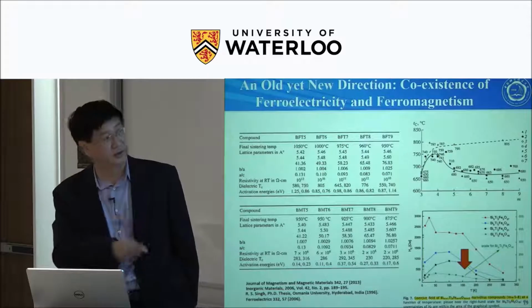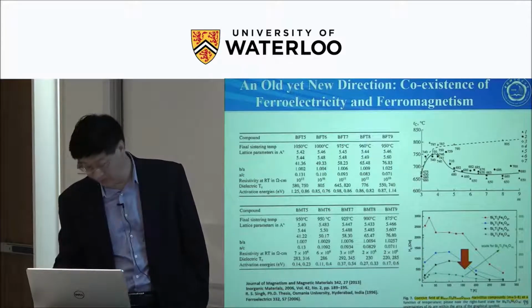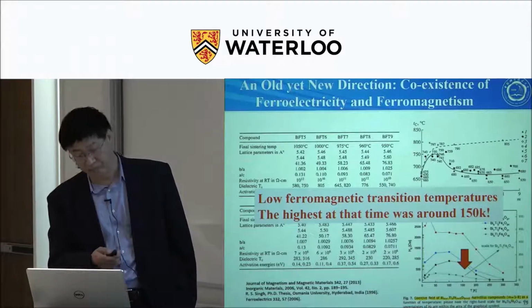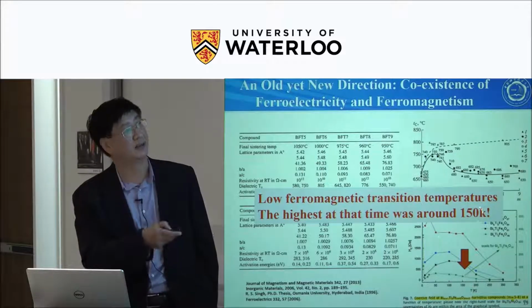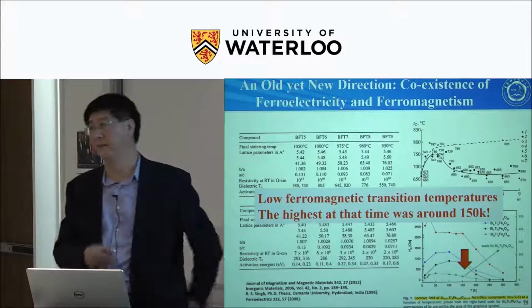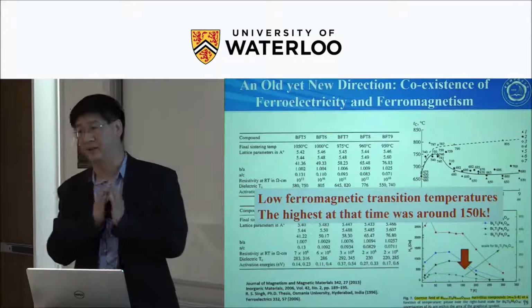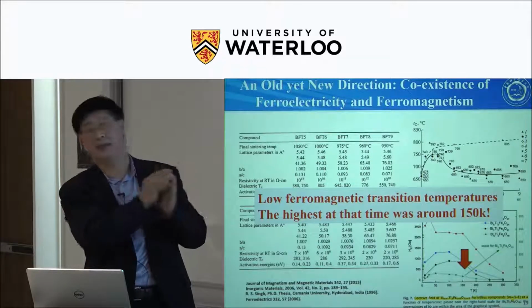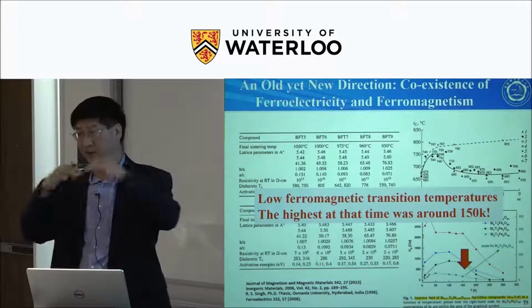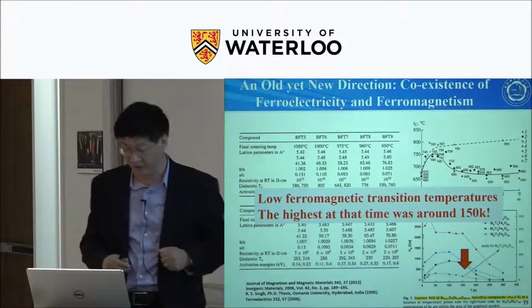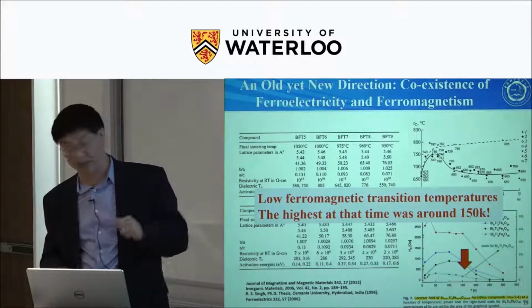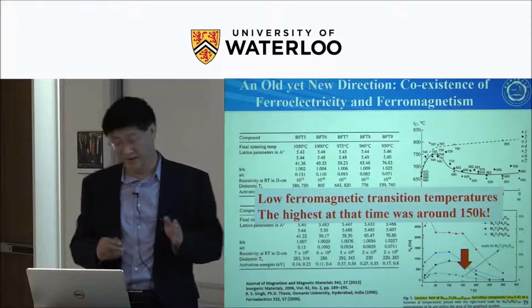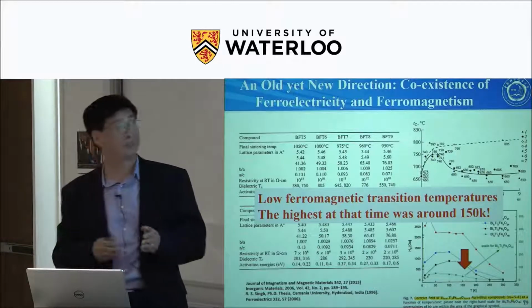The challenge for the past research is here. The temperature is lower than 150 K. That is the challenge for the coexistence of Fe and Fm, okay? So the transition temperature is lower than 150 K. So we need to find a good way.